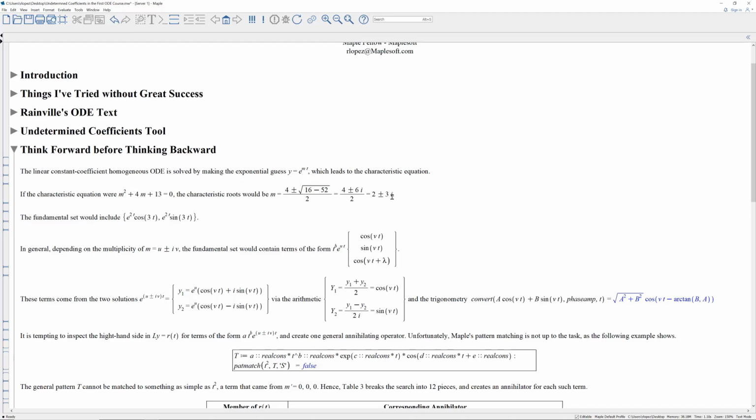Because this represents two solutions, right? M squared, you're going to get two solutions. These are the two solutions.